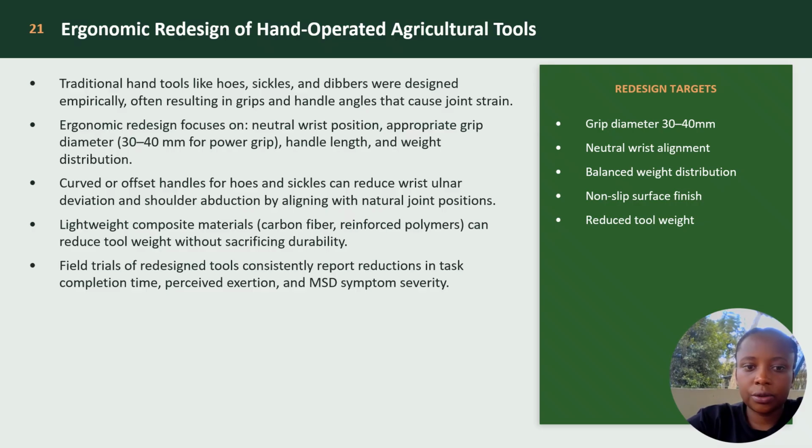Curved handles on hoes and sickles can reduce wrist and ulnar deviation and shoulder abduction. Field trials are designed to report a reduction in task completion time, perceived exertion, and MSD symptom survey.